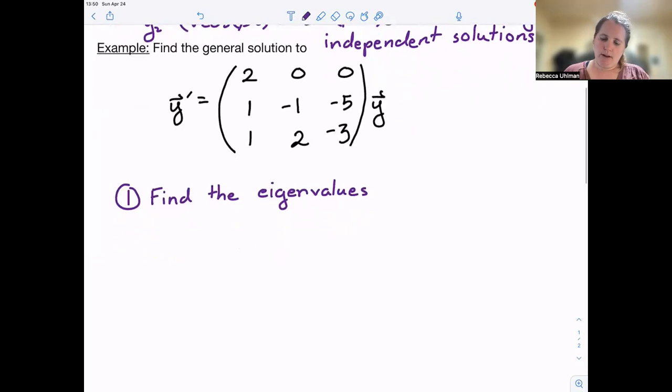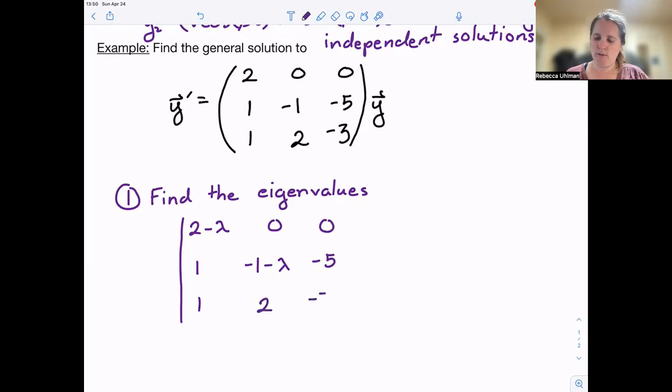So we are looking at the determinant of 2 minus lambda, 0, 0 for the first row, 1, -1 minus lambda, -5 for the second row, and 1, 2, -3 minus lambda for the last row. This determinant should be equal to 0.